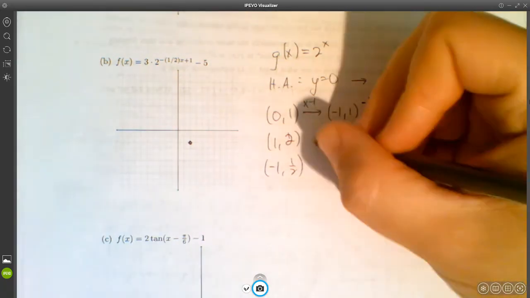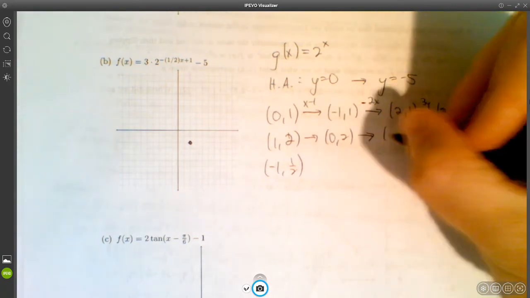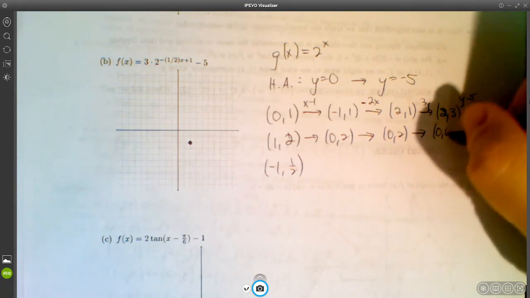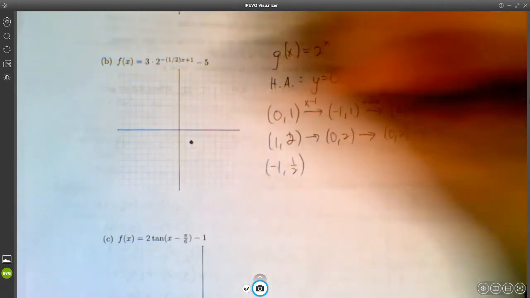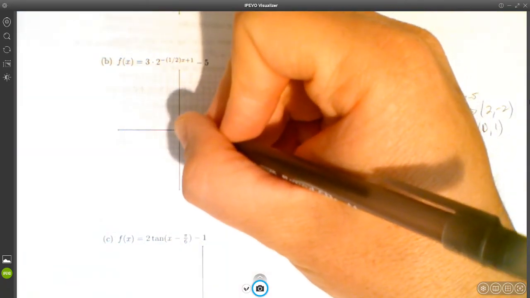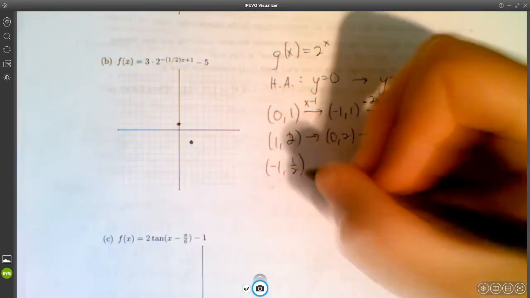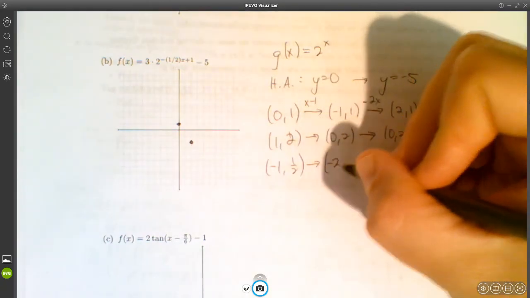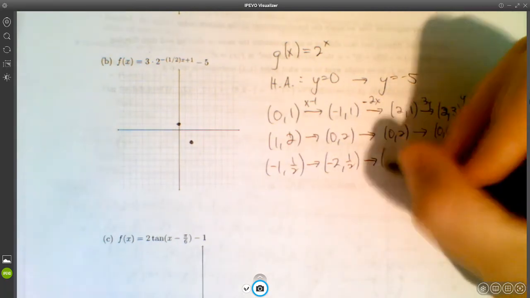Okay, same thing for the other points. So I'm going to subtract 1 from the x coordinate, multiply by negative 2, multiply the y coordinate by 3, and then subtract 5. So 0, 1. Here I'm going to subtract 1 from the x coordinate, multiply by negative 2.